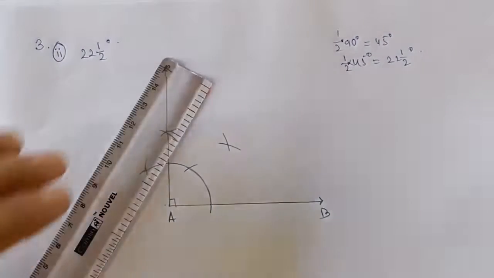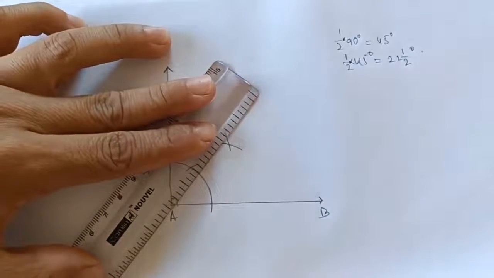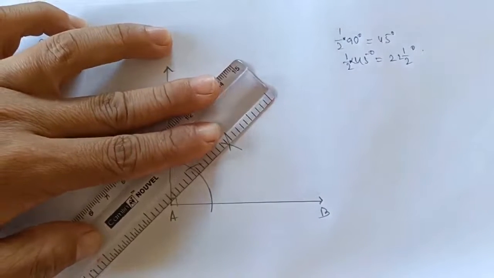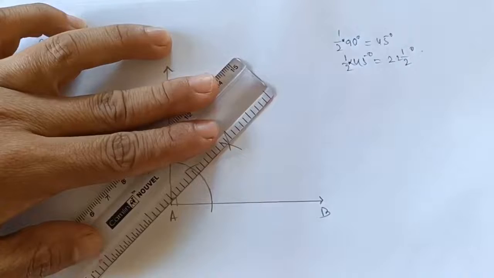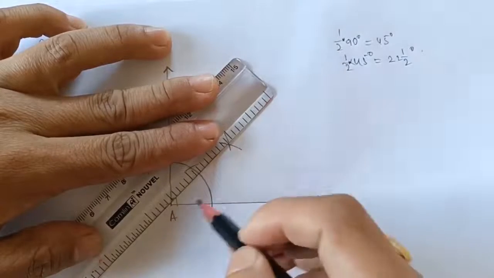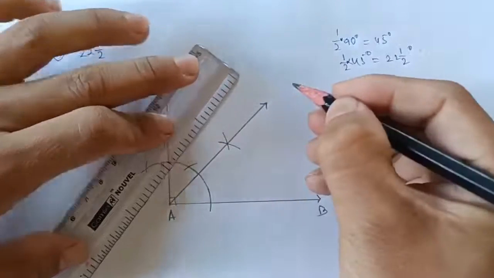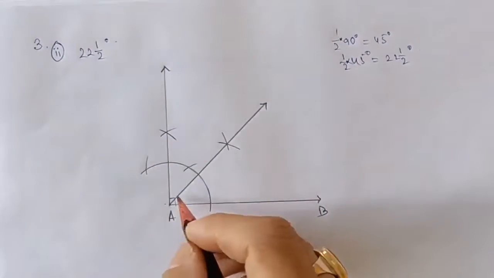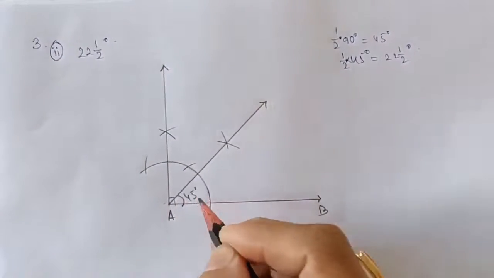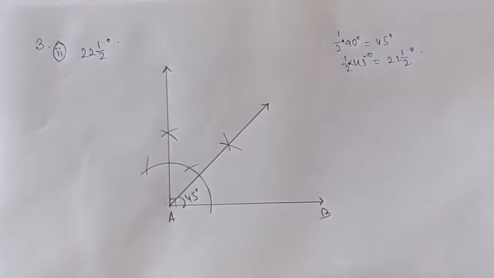Then let us draw a ray passing through A and this particular point. Again, this will measure 45 degrees, and again we are going to draw the angle bisector of the 45 degrees.